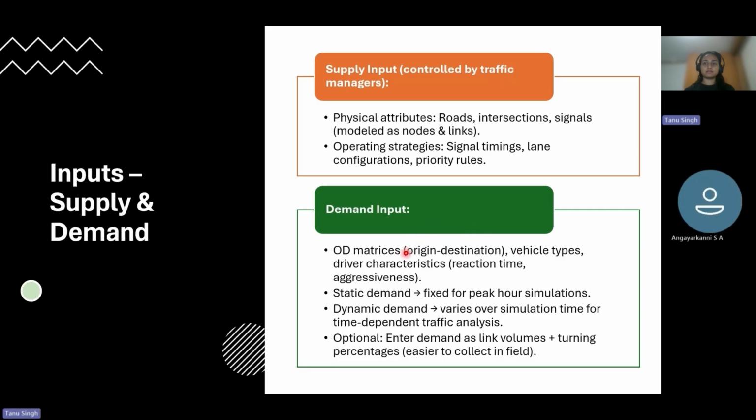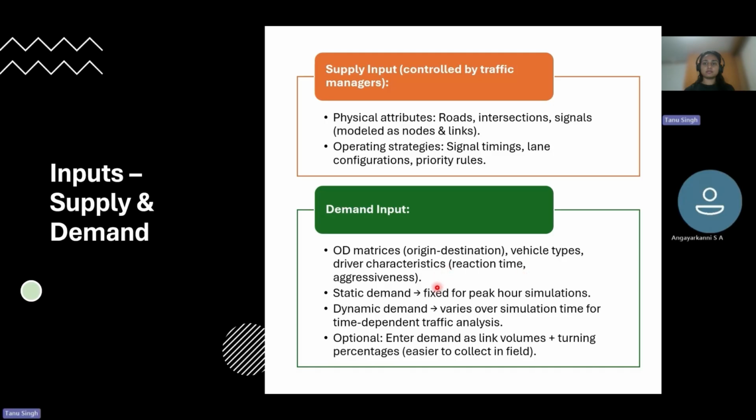input travel demand. This is usually represented in terms of the origin and destination matrix, also known as OD matrices. Here we have the origin and destination of a particular driver, along with vehicle type, then driver characteristics, such as reaction time, and whether the driver is more aggressive or not.